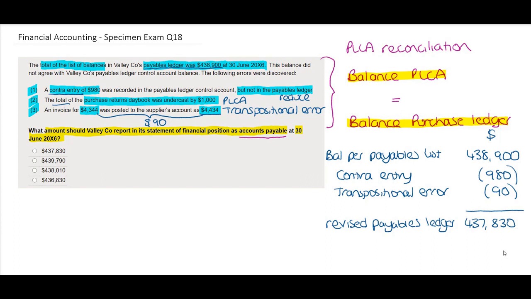This is the balance that is included in the statement of financial position, and so therefore our revised payables ledger balance of $437,830 must equal our purchase ledger control account balance. And so therefore, looking at the options available to us, our correct answer is the first option.